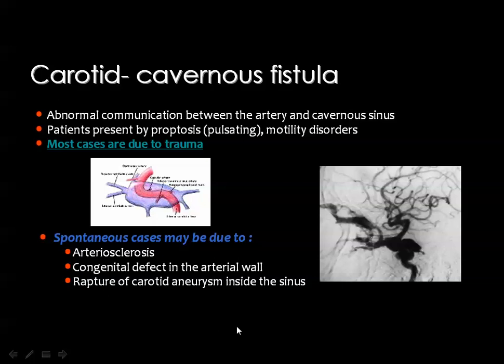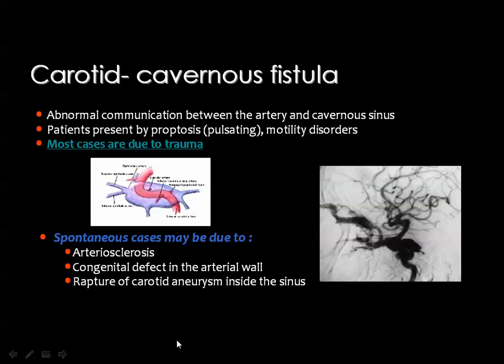signs for the diagnosis of carotid cavernous fistula is that whenever the artery is communicating with the sinus, the pressure inside the sinus will be elevated to an arterial pressure. Then the draining veins are no longer able to evacuate the blood from the sinus, so the veins will be congested and dilated.